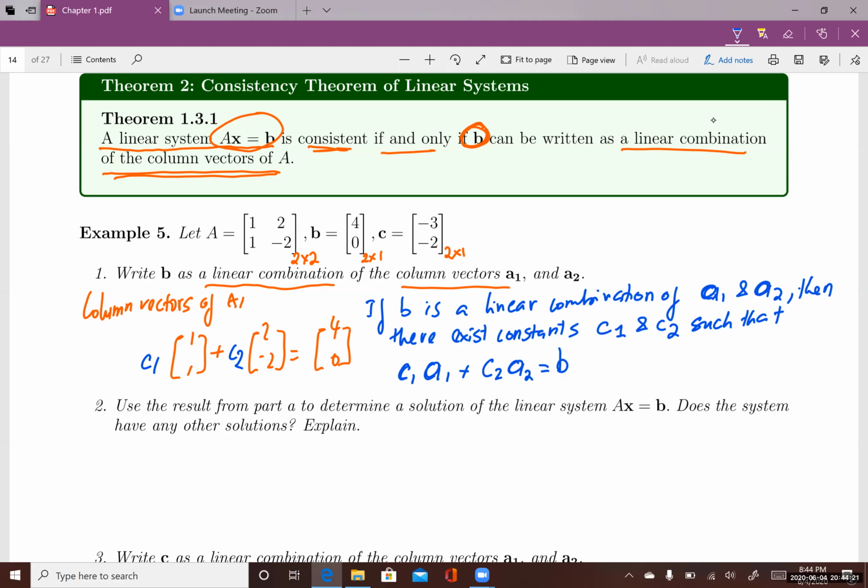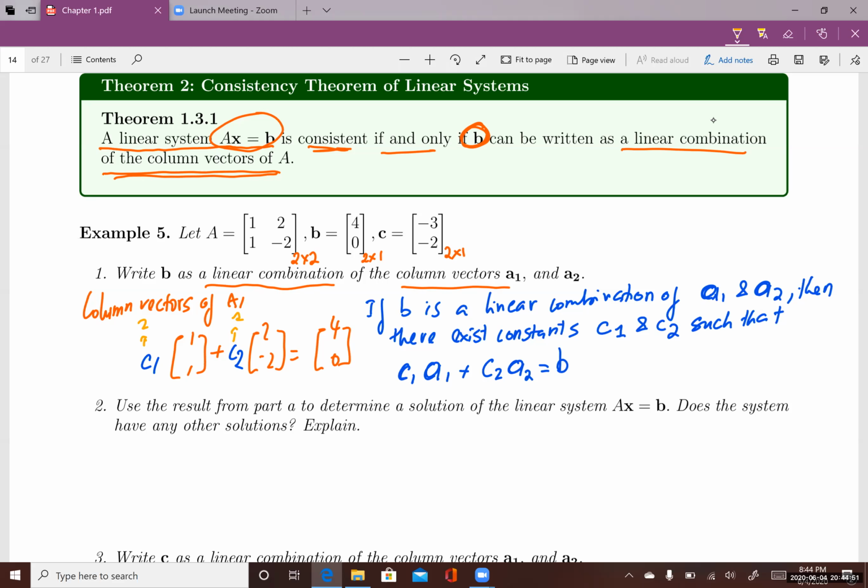Well, I would think if C1 equals 2, well, 2 times 1 is 2, and if C2 equals 1, then we see that 2 times 1 plus 1 times 2 is 4, and 2 times 1 plus 1 times minus 2 is going to be 0.